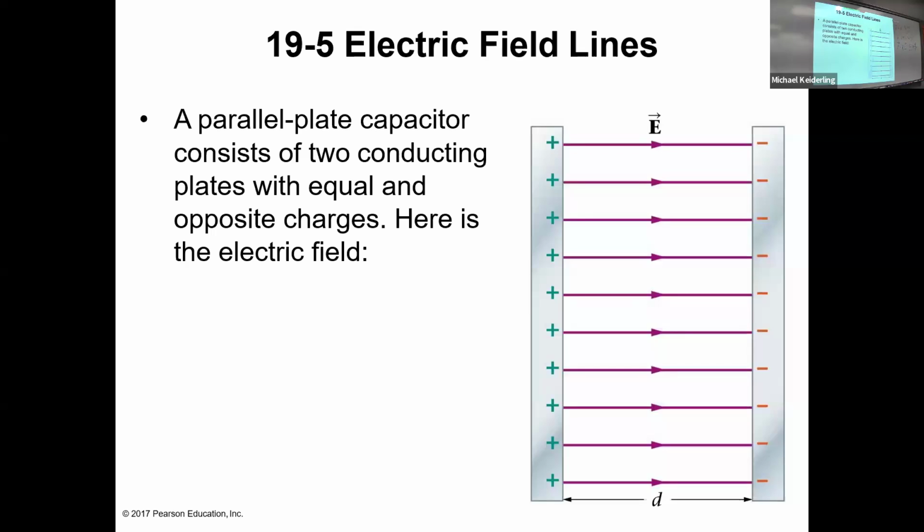This design is kind of awkward, but two conducting plates with equal and opposite charges. The electric field in between is this nice even constant electric field. And then you can do some calculations with it. But it's sort of a nice idealized state. This is what we'll be doing to work out how capacitors work when we start talking about things in circuits.